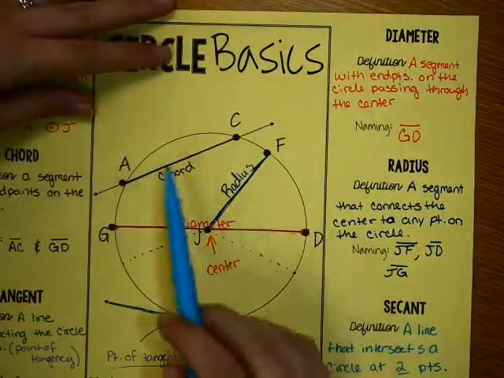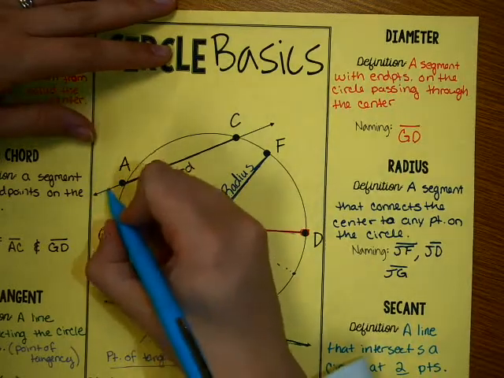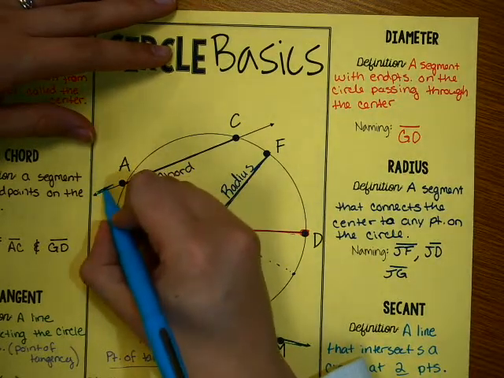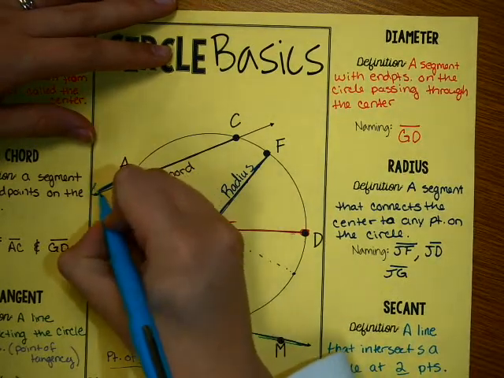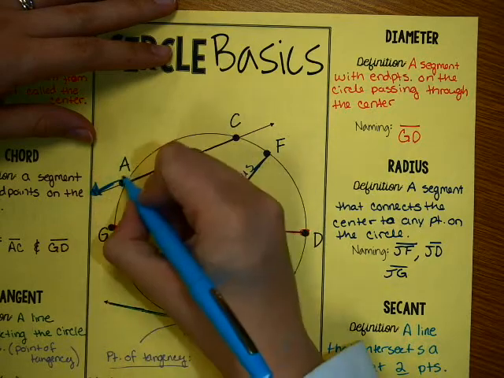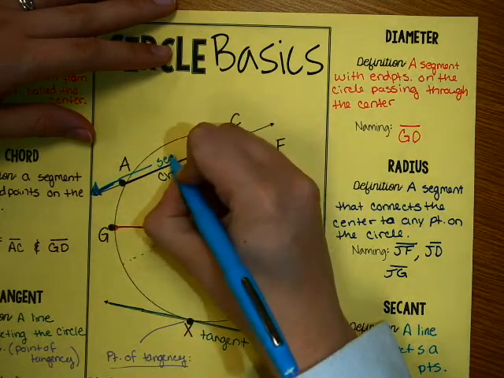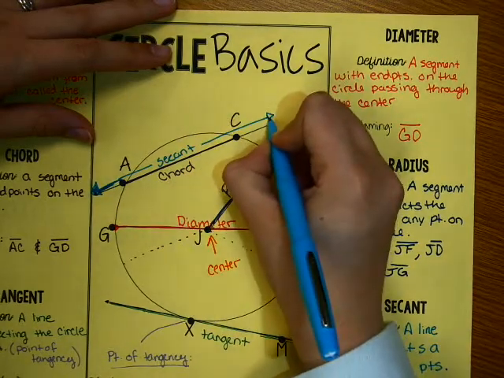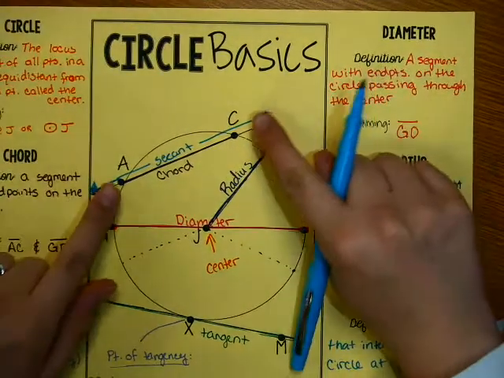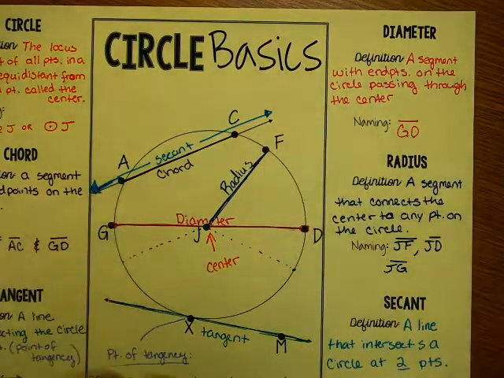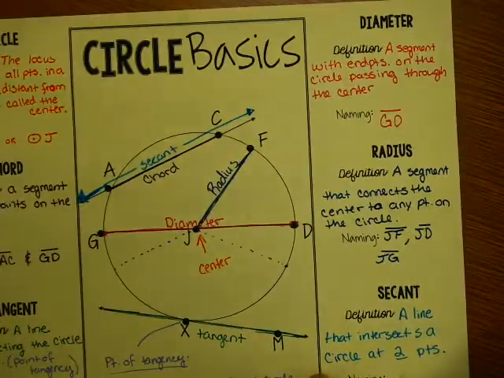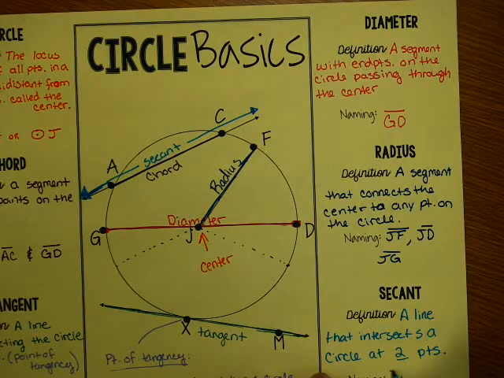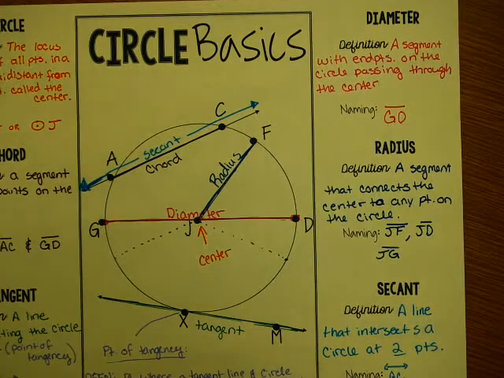Okay, so our chord here, if I look at this part with the arrows, that means this is also the secant. Okay, so the secant includes the 2 arrows because it's a line, and within the secant there is a chord. Okay, so this one we would name AC, but with 2 arrows in the name because it's a line, not a line segment.